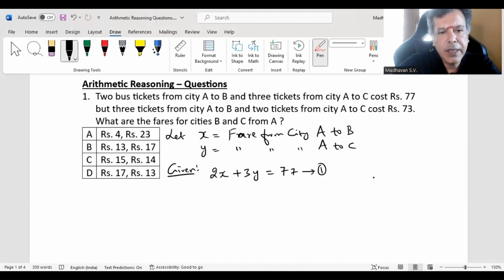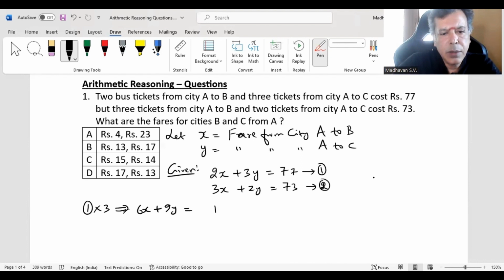But 3 tickets from A to B means 3 times x, and 2 tickets from A to C, 2 times y, is 73. Consider that as equation 2. Now what we will do, we will multiply the first equation by 3 to get 6x plus 9y equal to 3 sevens are 21, 23.